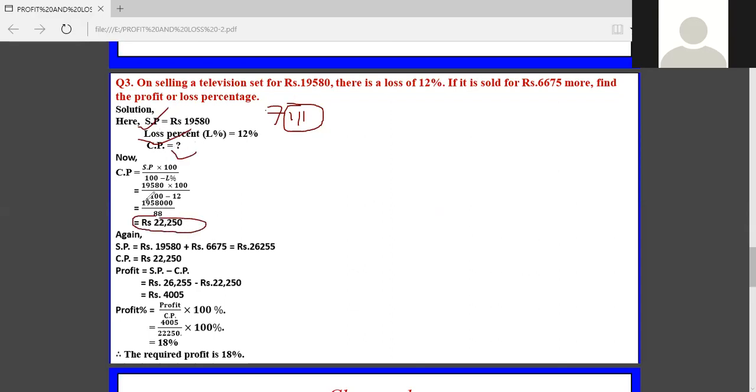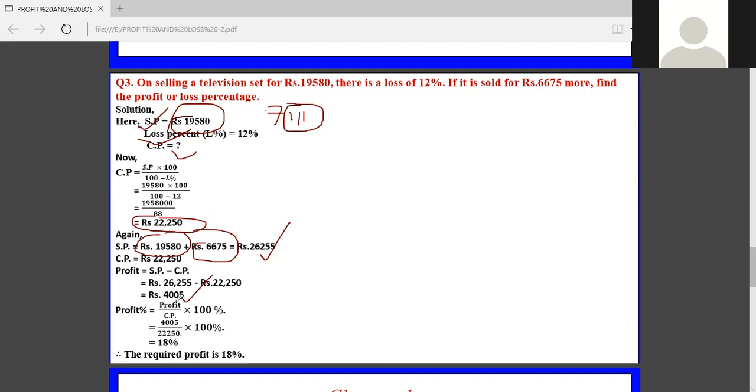Then the question tells that in place of this SP, look at 19,580, if 6,675 is taken more, then its SP will be 26,255, and CP is what we have already found, 22,250. Then it asks to find the profit percentage.